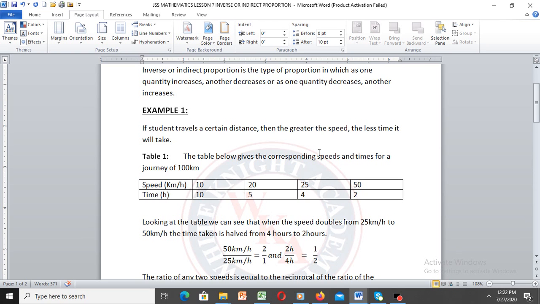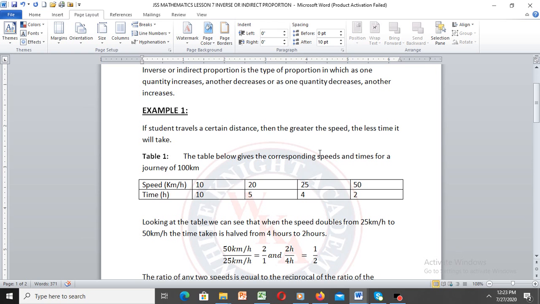Another example is when you are coming to school in the morning, assuming you are living in Barangolo. If you are walking sluggishly, you will come when we have finished assembly because it will take you more time before you reach the school. But if you take a bike, you will come before the assembly because you've increased your speed.